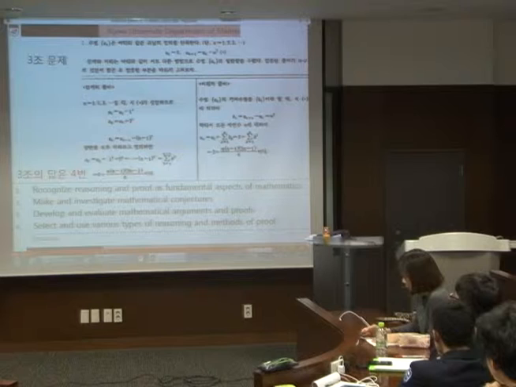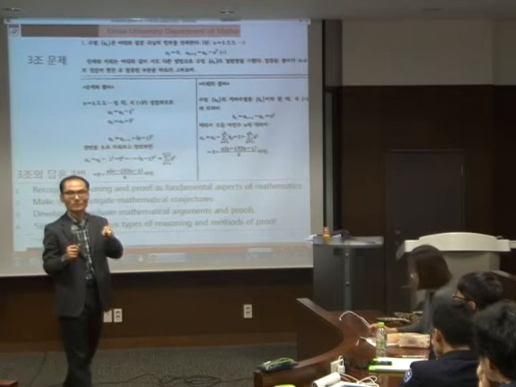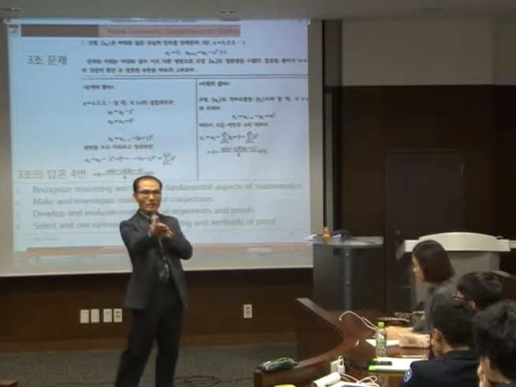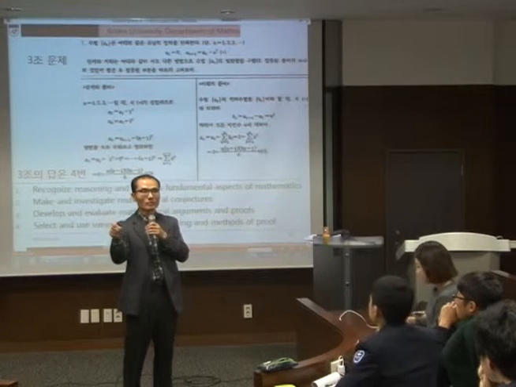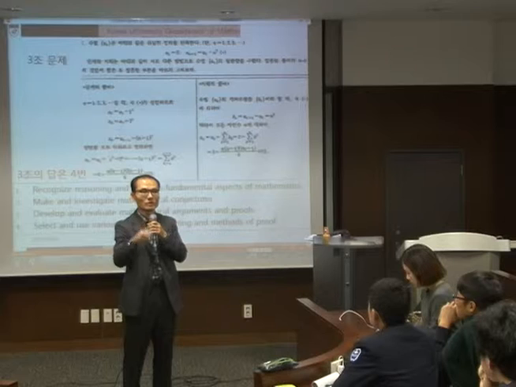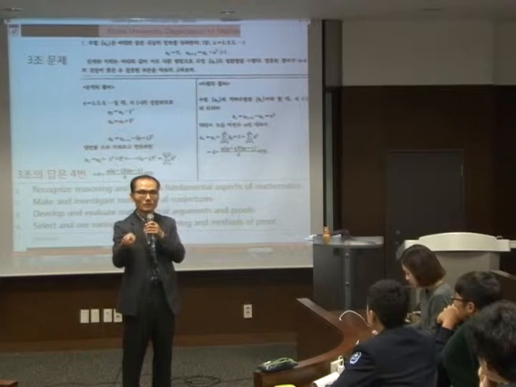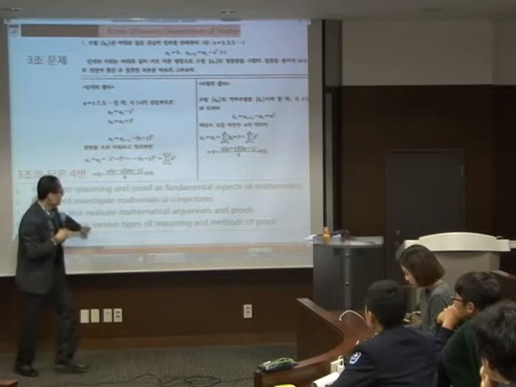Group 3, what do you think? I'm just asking. In the same problem, one definition should be clarified. When you ask a student to solve the same problem in two different ways, what is the meaning of two different ways from your perspective? That is the meaning of various types of reasoning.